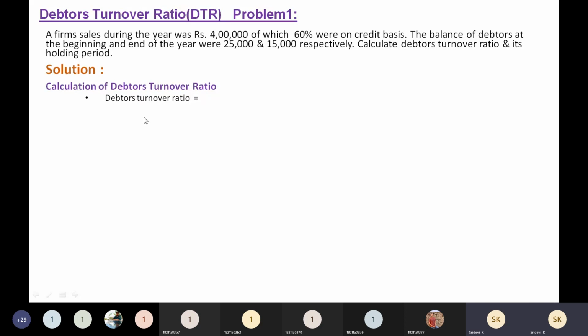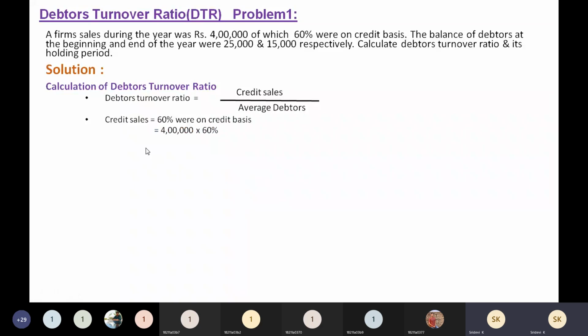So debtors turnover ratio is equal to, the formula is credit sales divided by average debtors. So credit sales is 60%, as given on credit basis in the problem. So you calculate on 4 lakhs, how much you are going to get. 4 lakhs into 60%.